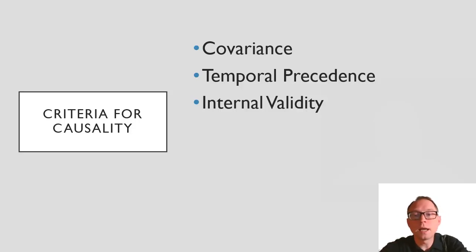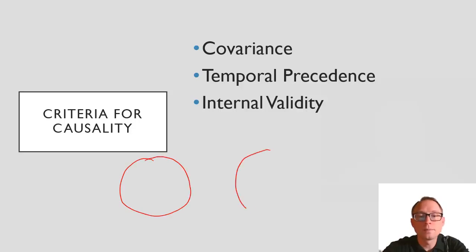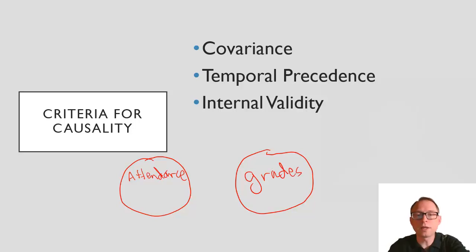So let's say that I have a hypothesis that attending my lectures, attendance is associated with, or influences at least, grades in my class. So let's say that attendance in my lecture is associated with your grade in the class, okay?